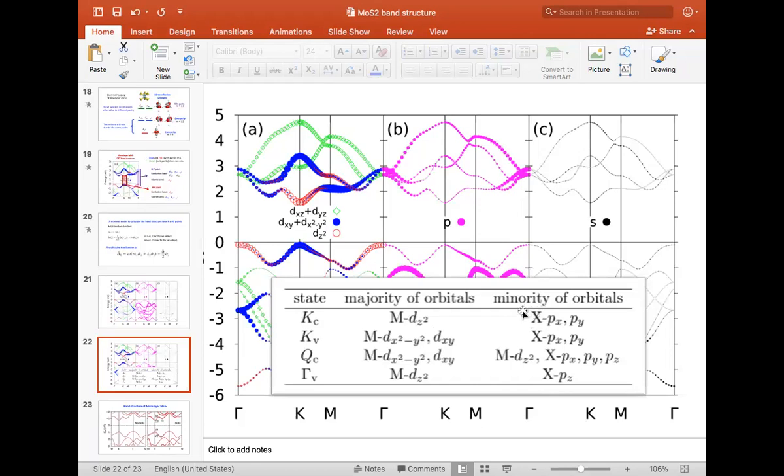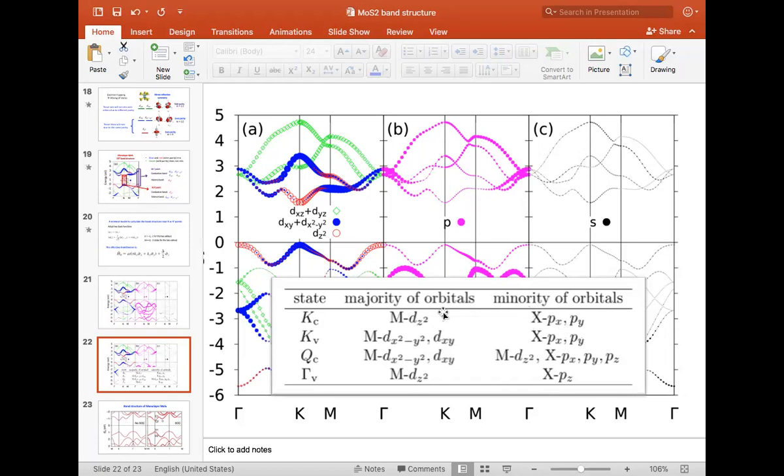People use MX2 to represent them. X has the px and pz orbit, and this one will give you spin orbit coupling. So there's a minor splitting in the conduction band that is quite small. Usually it's much more difficult to see the effect than in the valence band.